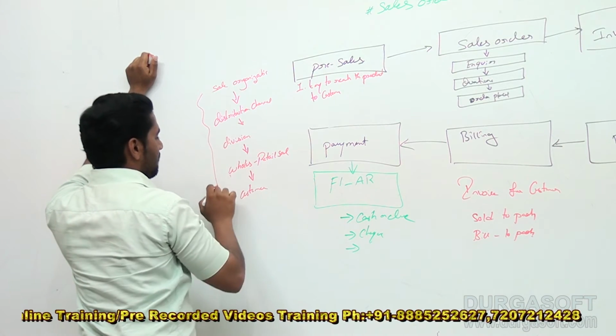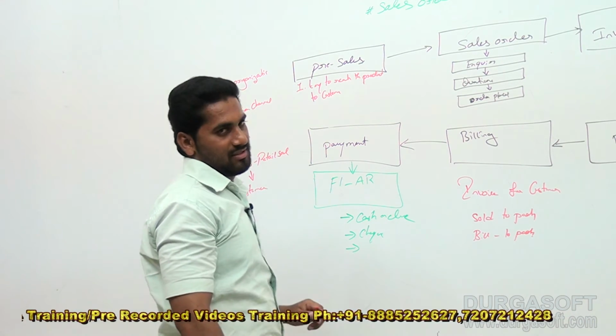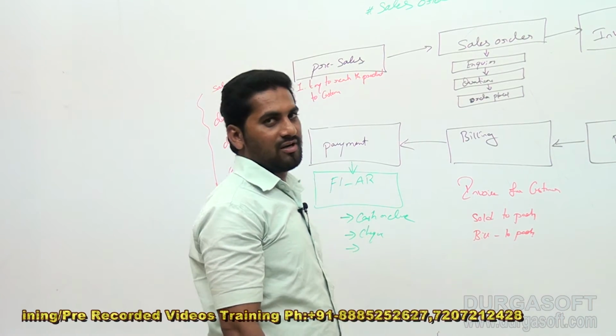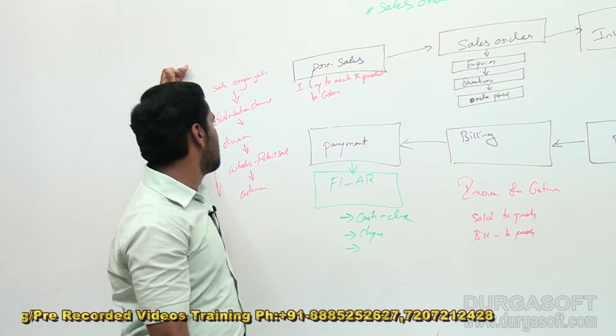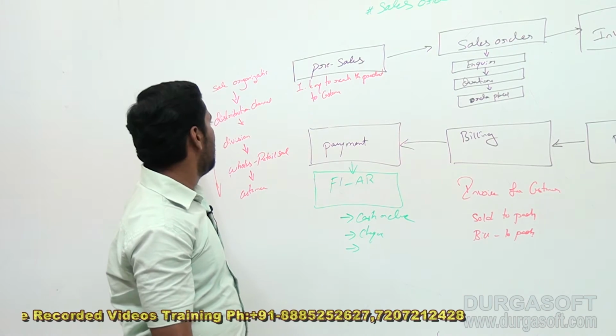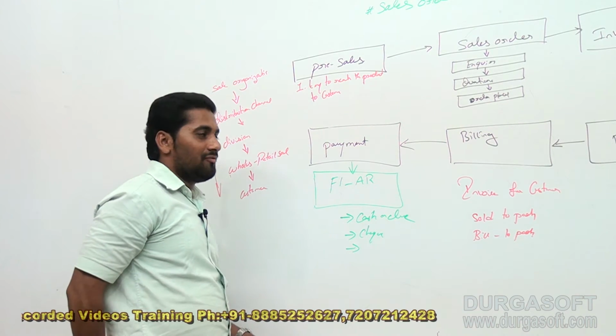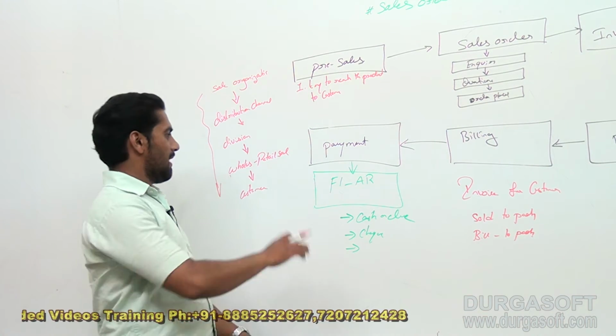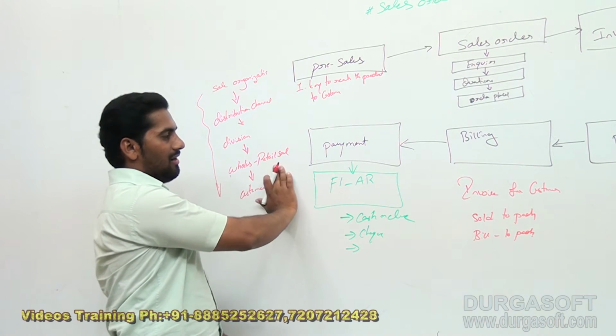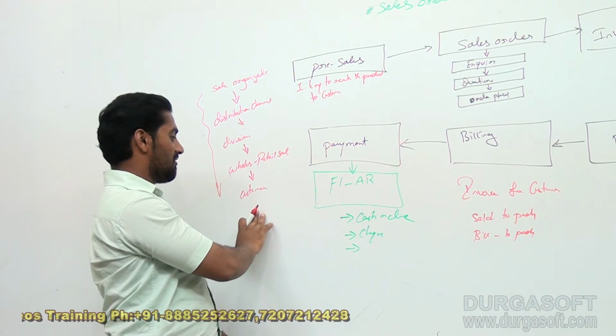So this is how the billing process flows in different cases. We have sales organizations, different distribution channels, and certain divisions, and we reach the wholesale market or retail market. Then it reaches a customer.